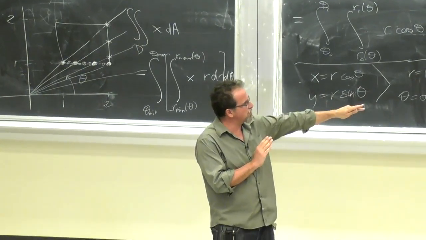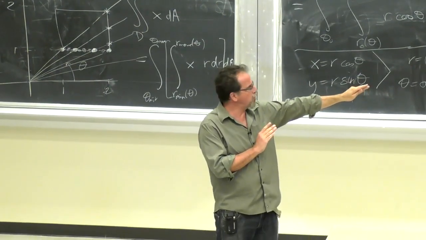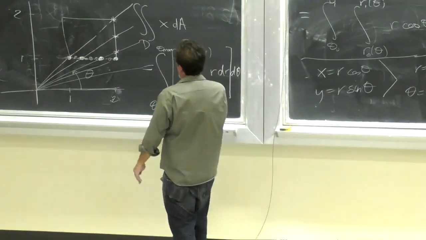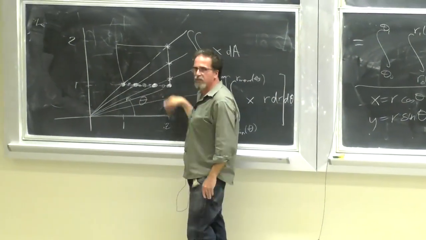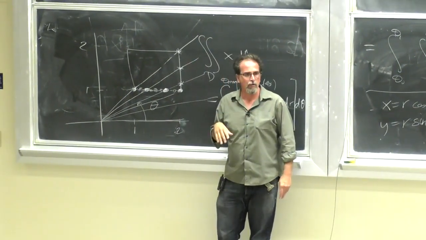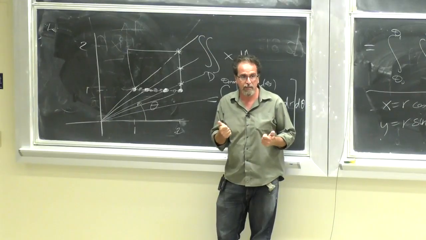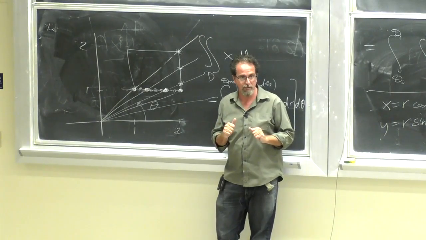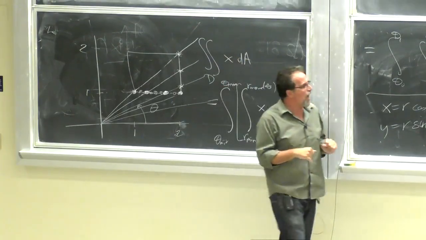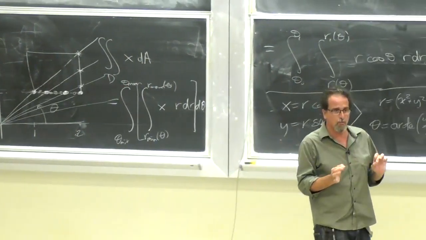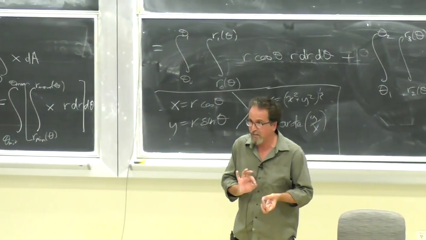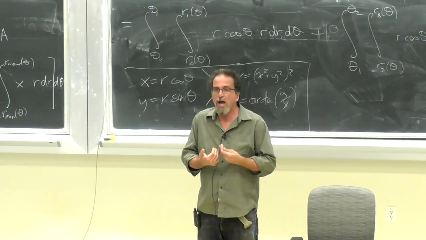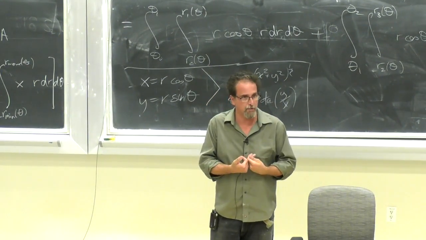I have two curves. I have the y equals 1 curve and the x equals 2 curve. So those curves intersect at the point 2, 1 in Cartesian. I have those same two curves as represented in polar coordinates. How do I figure out their intersection in polar coordinates? I equate their polar expressions.